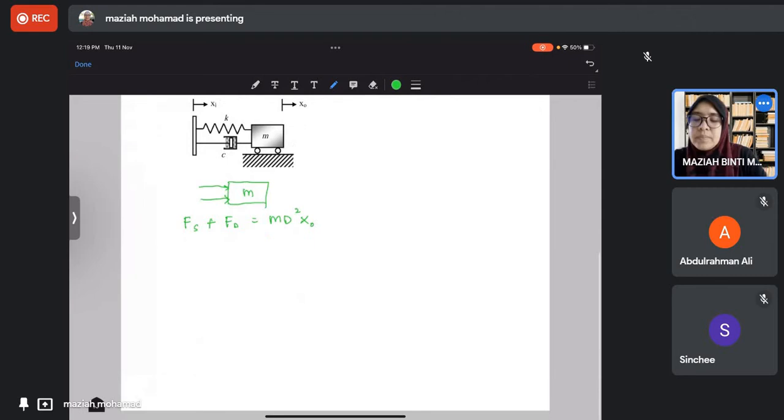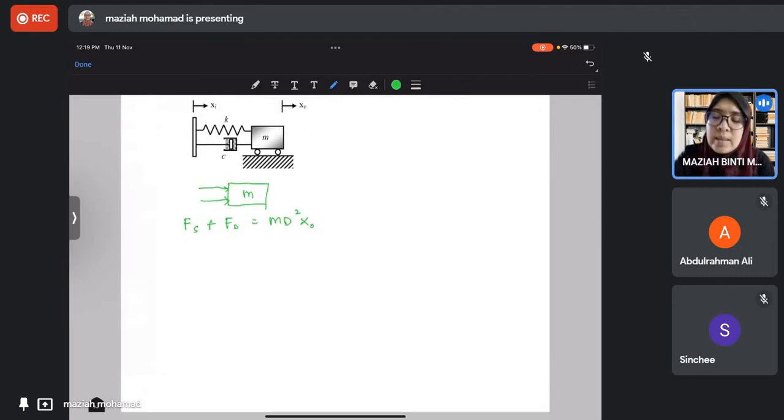Okay, so F spring is k(xi minus x naught) plus c d(xi minus x naught). We directly replace Fs equal to k(xi minus x naught) into the mass equation.